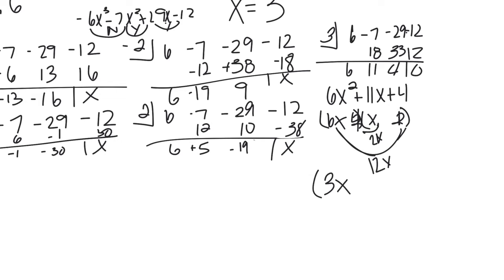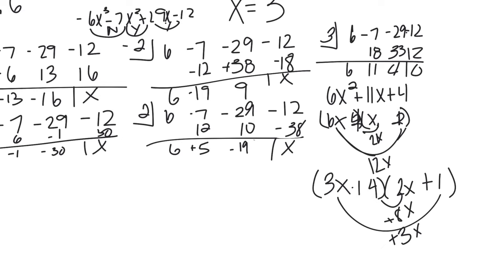But let's try 3x and 2x. How about 4 and 1? That's 3x and 8x, which could be positive 11 if they're both positive. So we get 3x plus 4 equals 0 and 2x plus 1 equals 0.